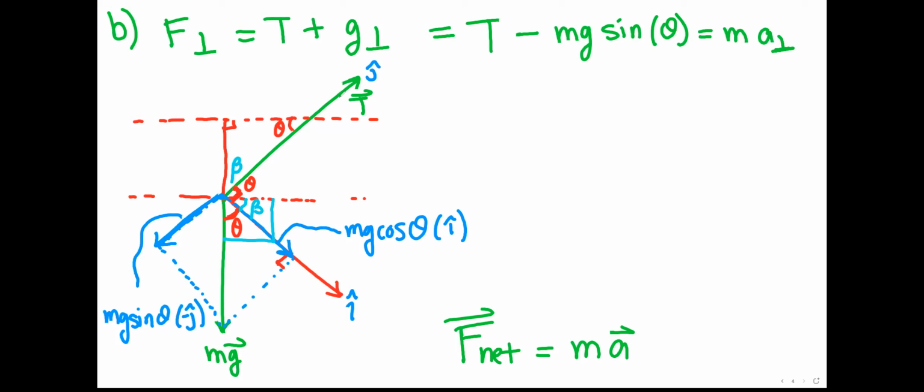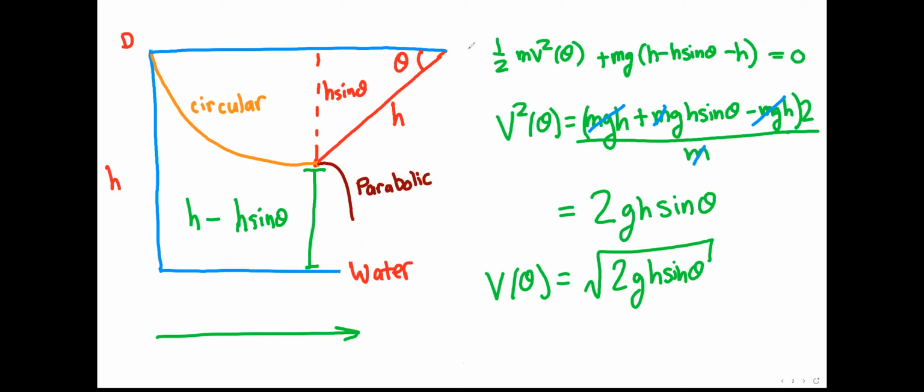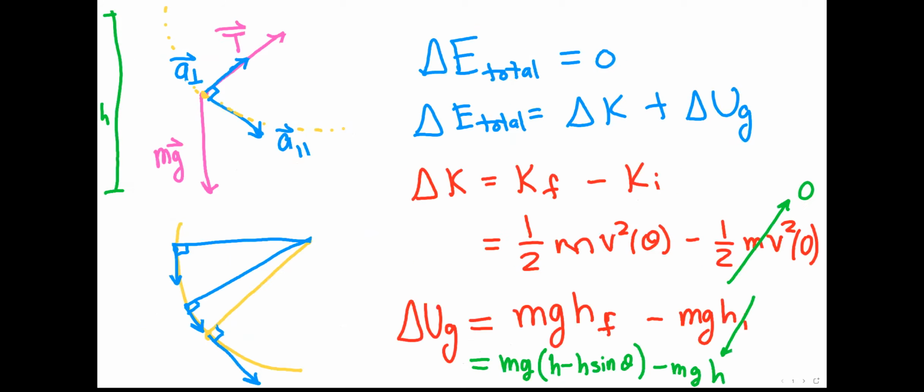That's like centripetal acceleration. So this is going to be v squared over the radius of the circle. Do you remember the radius of the circle? Would it just be h?